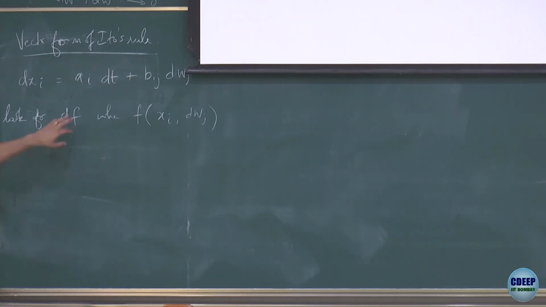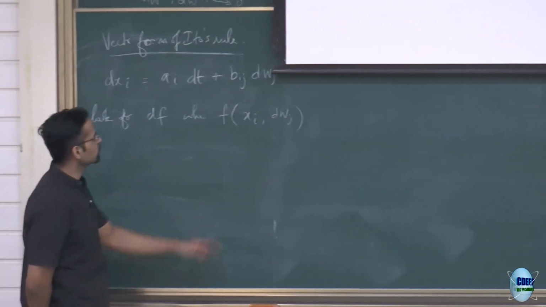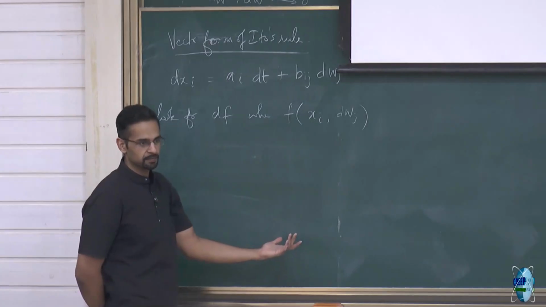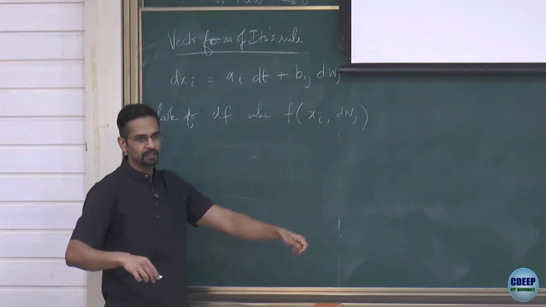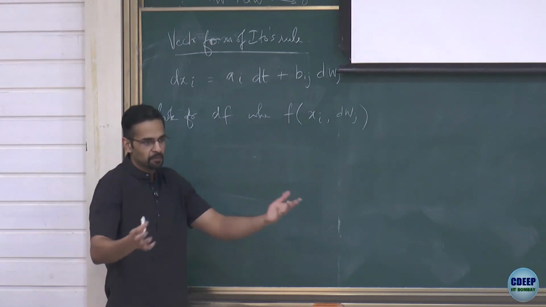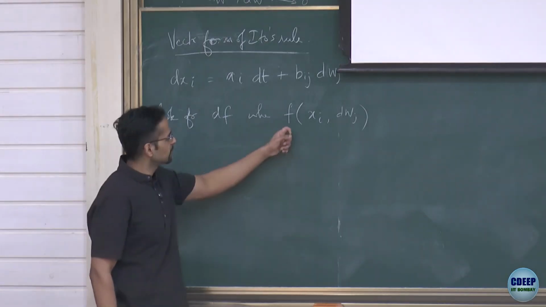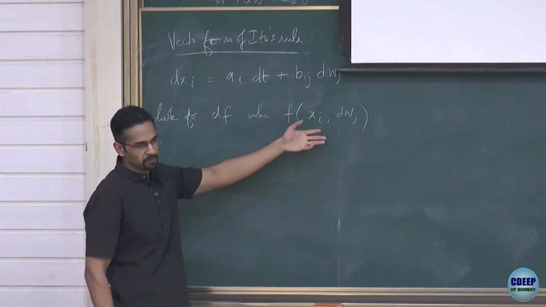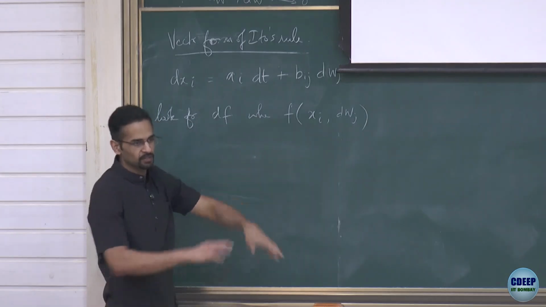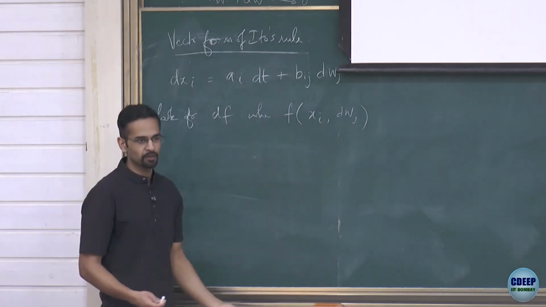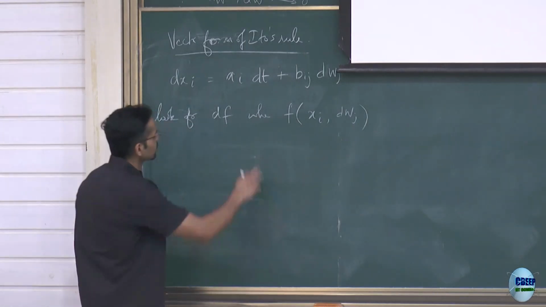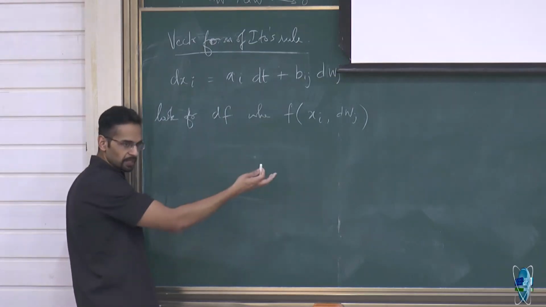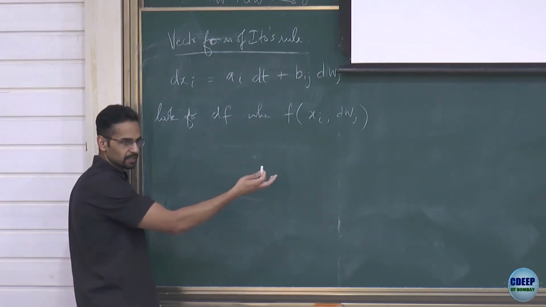I can, of course, have a whole bunch of functions, but then I'll just repeat the formula for those functions. So I'm writing it only for one function. An example would be like the energy in the system. So I have many different variables, and I can define the energy as, in some way, some functional of all the things. And then I want to know how the energy changes as all the particles in the system are evolving, for example. Then I would do a Taylor series, but now a multi-dimensional Taylor series, correct?